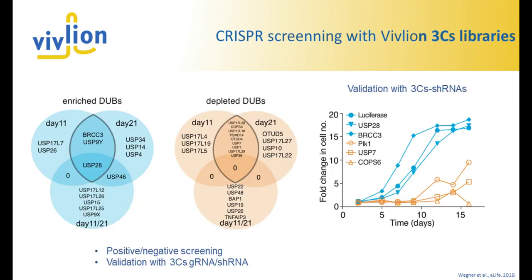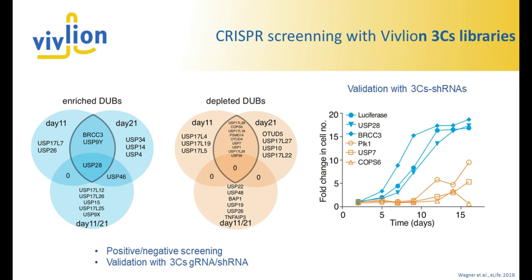To sum up this experiment, we then of course identified enriched and also depleted deubiquitinases. That is shown here. We were then able to use this information and apply our technology to generate shRNA reagents. This is shown on the right side, that we then used in an independent validation approach to basically confirm or validate the phenotypes that we had identified with our reagents before.